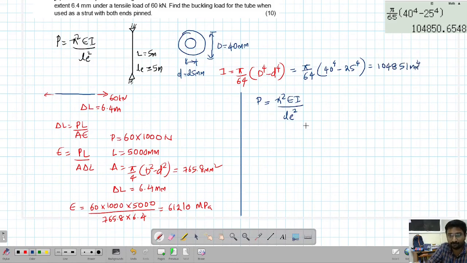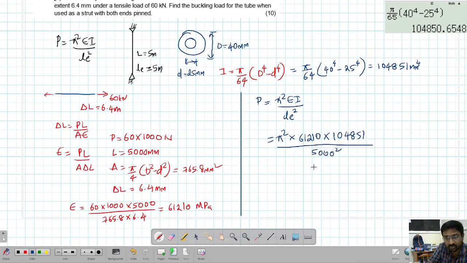That is the unit of I. So P is nothing but pi square into the E value we have, 61210, times the value of I, 104851, divided by the effective length of 5 meters, that is 5000 squared.